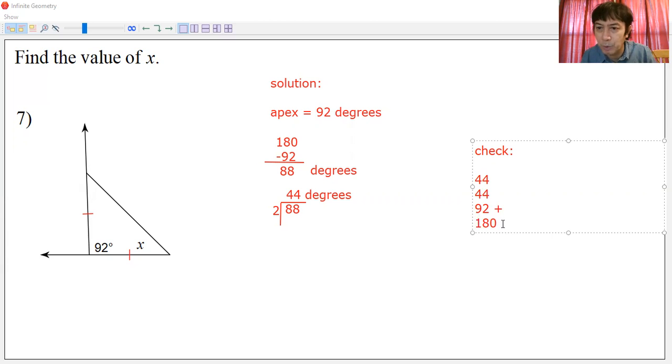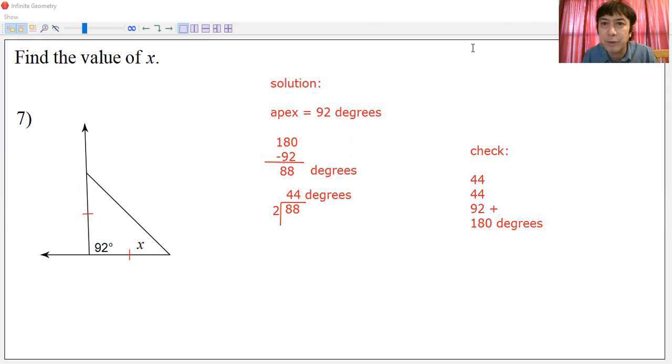All right, this will be 180 degrees. Yes, that should be 180 degrees. Getting the sum of this, that will be 180 there. If you get the total of this, that will be 180 degrees.